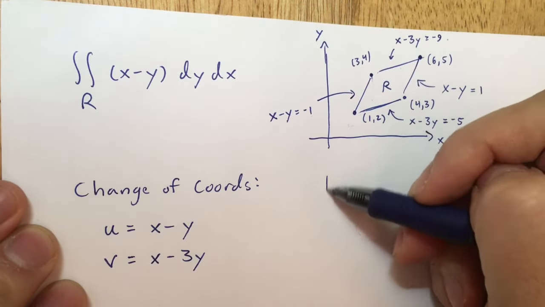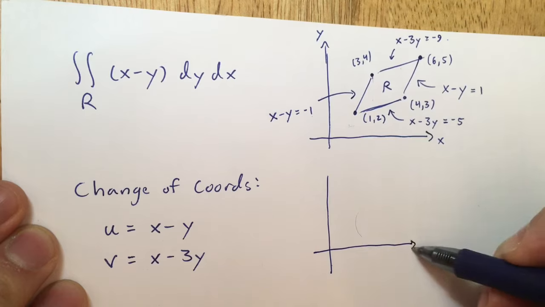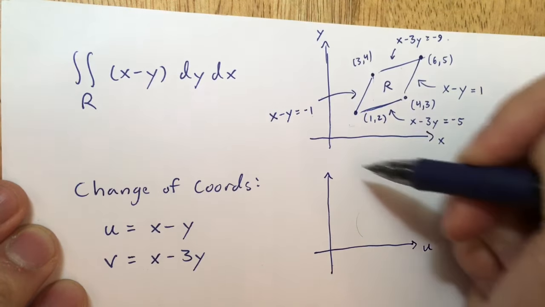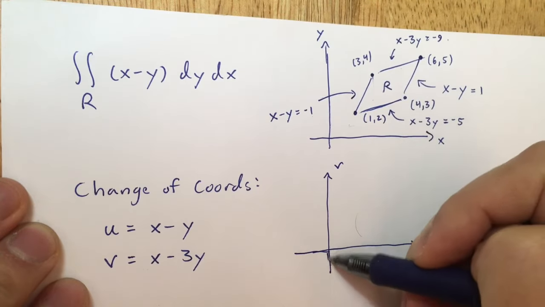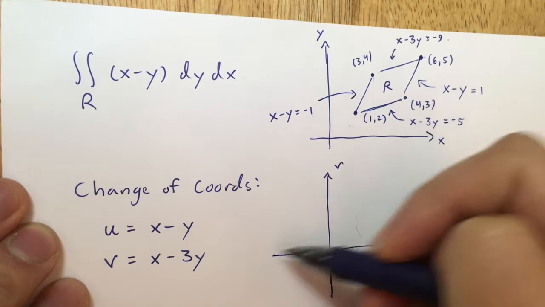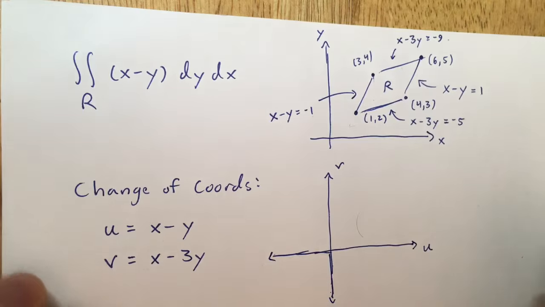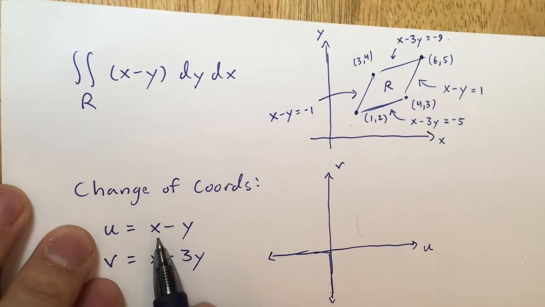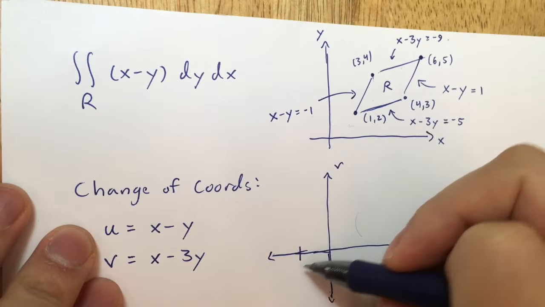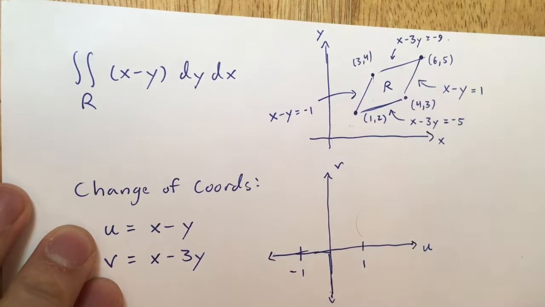All right? So let's draw this picture in the UV coordinate system. I should have included more negative values, so I'll have to fudge things a little bit. U, we said, goes from negative 1 to 1, right?